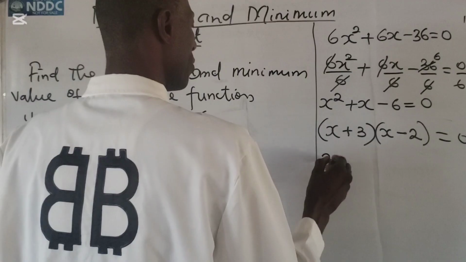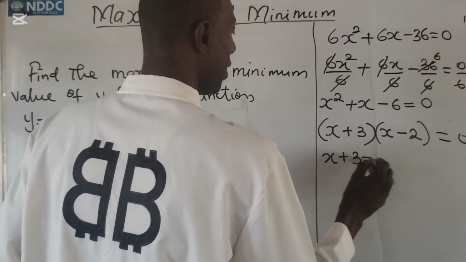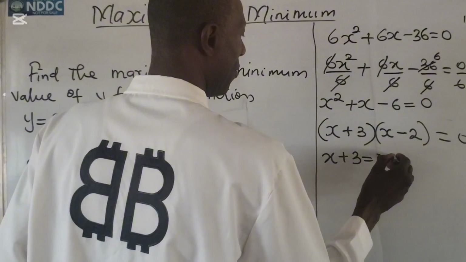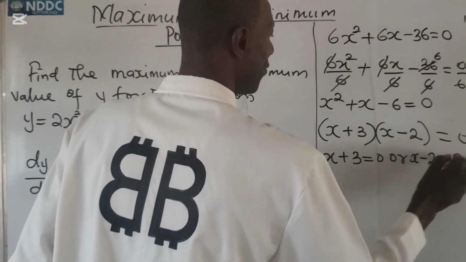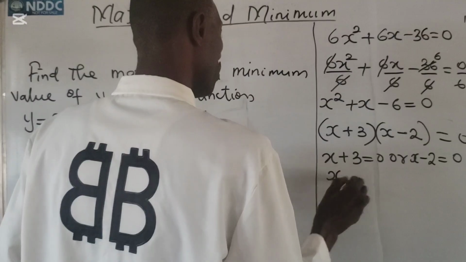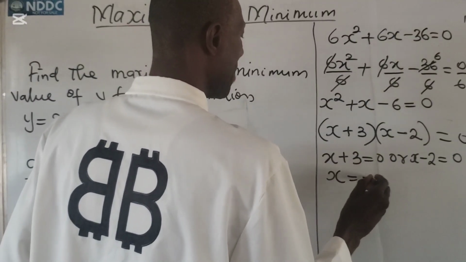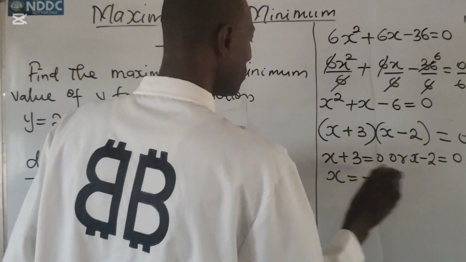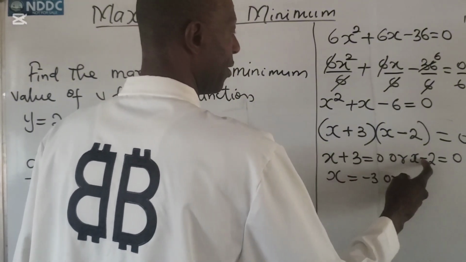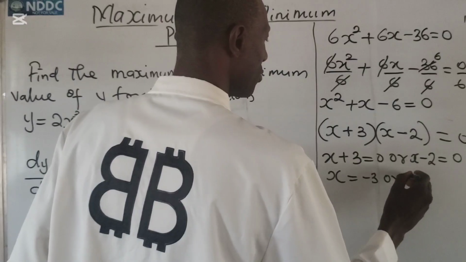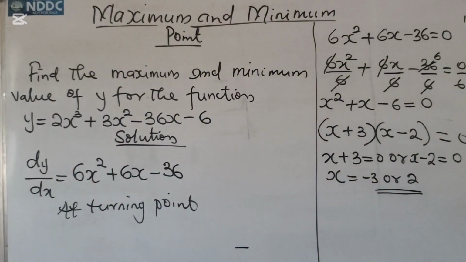So you equate each of the brackets to 0: x plus 3 equals 0, or x minus 2 is equal to 0. When this plus 3 crosses, it becomes minus 3. When this crosses, it becomes plus 2. So that is the root of the equation.